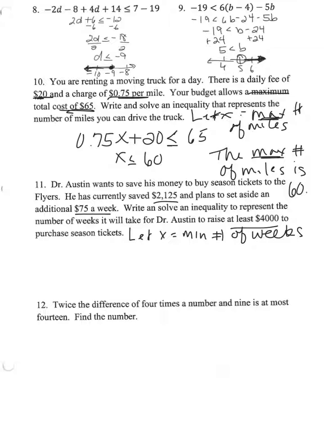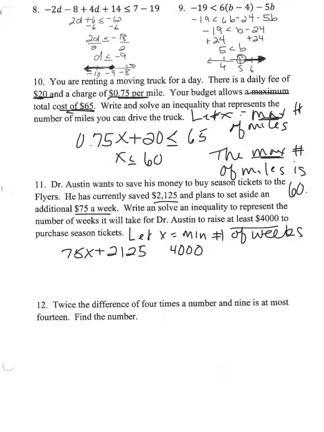So if he has the 2,125, that's your constant, he's already got it, and it's $75 per week, plus what he already has, and then I set my total number on the right-hand side, so the 4,000. Now I say to myself, can it be more than 4,000? Or is it only less than 4,000? So it's at least. So the word at least means that, yes, it can be 4,000 or more.